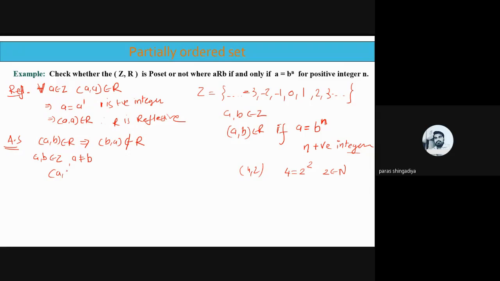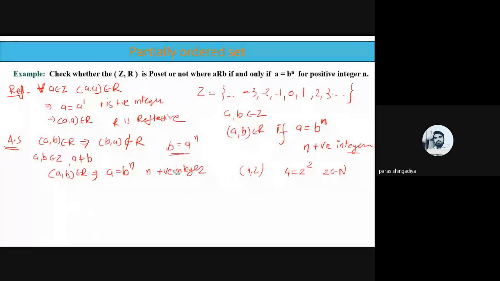Here (a, b) belongs to R is given, this implies a is equal to b raised to n, where n is a positive integer. हमें प्रूव क्या करना है, (b, a) does not belong to R. तो अगर (b, a) belongs to R है तो उसकी फॉर्मूला क्या बनेगी कि आपको प्रूव करना पड़ेगा कि b can be written as a raised to n, ये आपको प्रूव करना पड़ेगा for n is a positive integer. But let us say it is not true for any case.